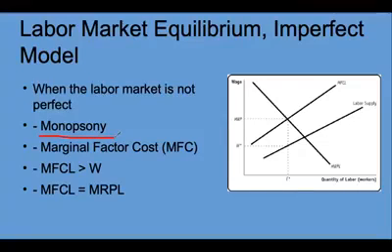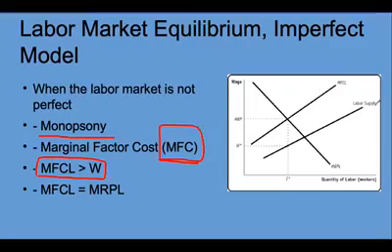Marginal factor cost. Let's look at this marginal factor cost. We didn't talk about marginal factor cost in the perfect model because MFC is constant. It didn't change. But here, because our labor supply curve is upward sloping, if I want to hire more workers, I have to raise the wage, right? That means my additional cost is going up. So my MFCL is going to be higher.